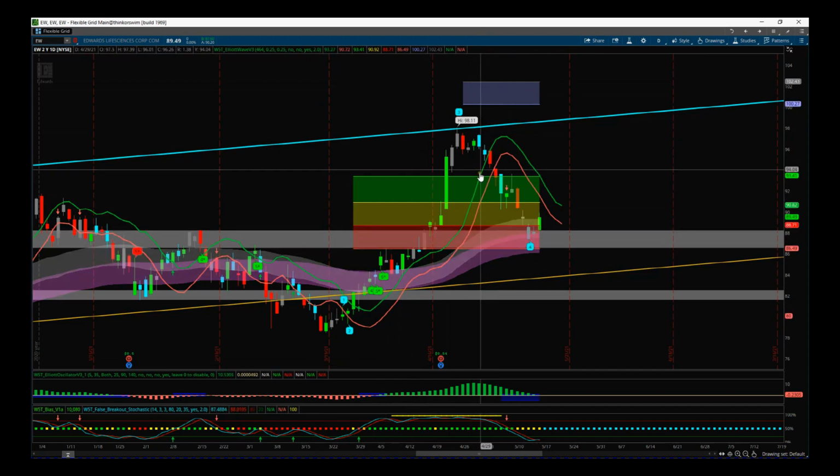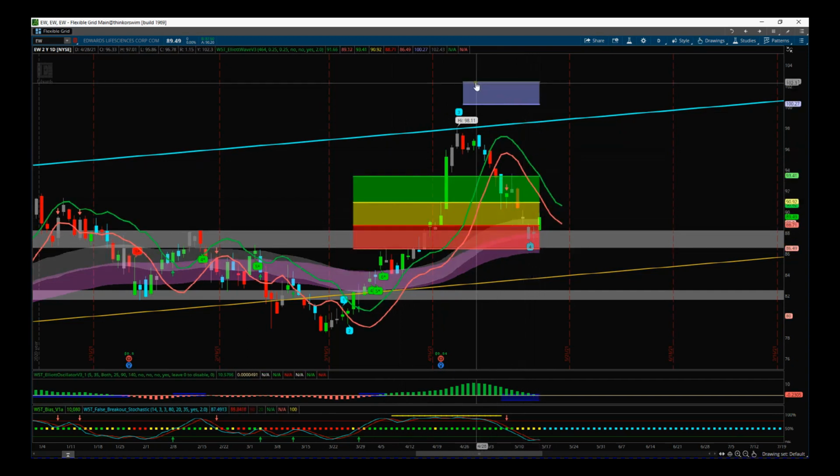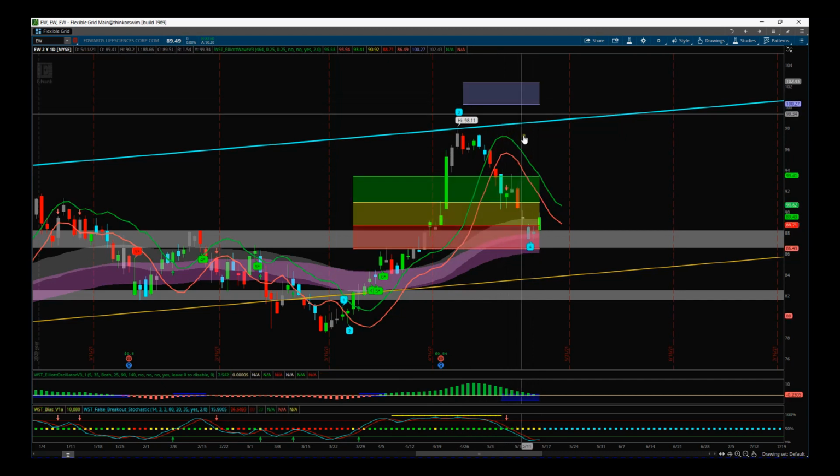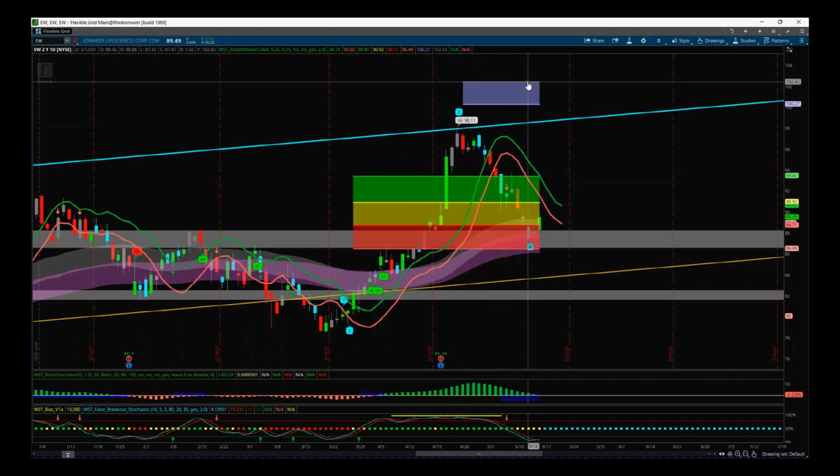If we do find support in these zones and we move away, the likelihood is of hitting this fifth wave target, which is a new high, centered around about 101.40 here in this sort of bluey purple at the top there. Green, if we find support in there, is an 85% probability it's going to go on and hit that fifth wave. Amber is 80, and the red is 75%, still good probability.